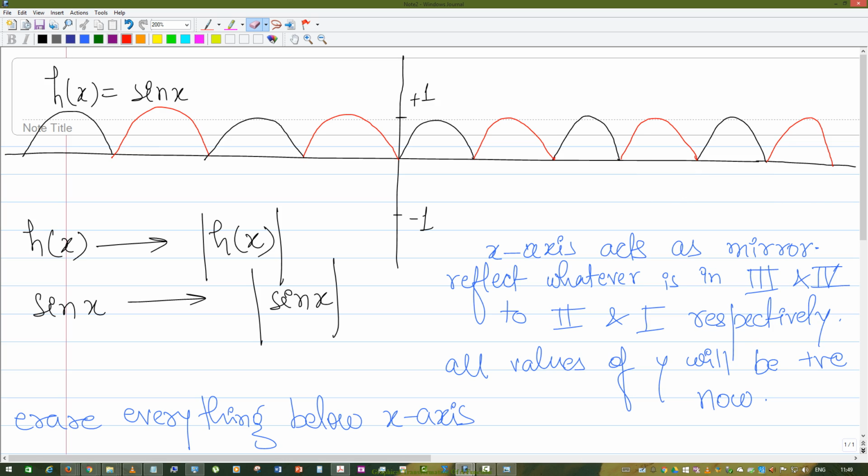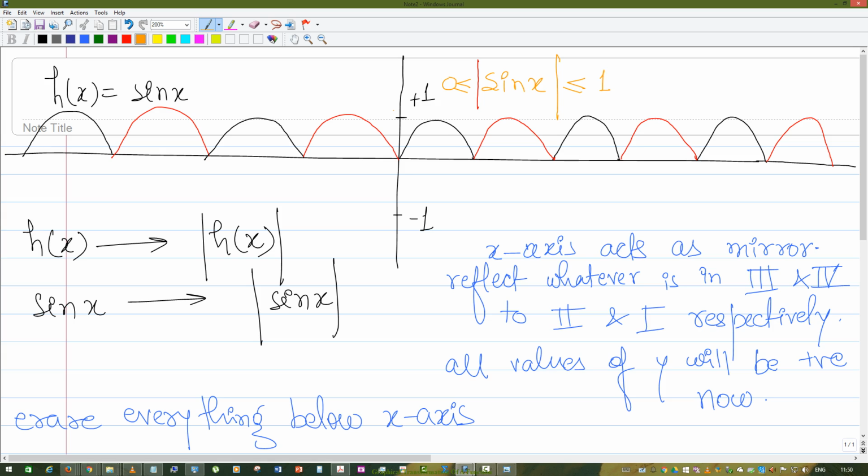So now we are left with the graph of modulus of sin x. Earlier we had sin x, and now we have mod of sin x, and its values will keep oscillating between 0 and 1.